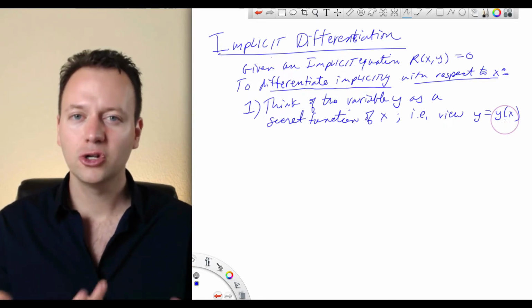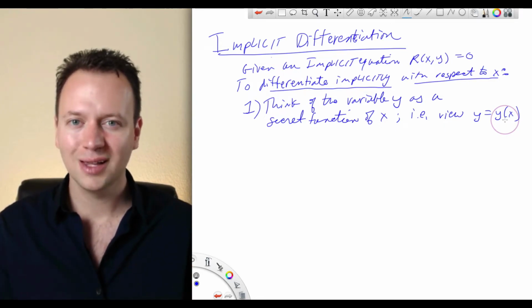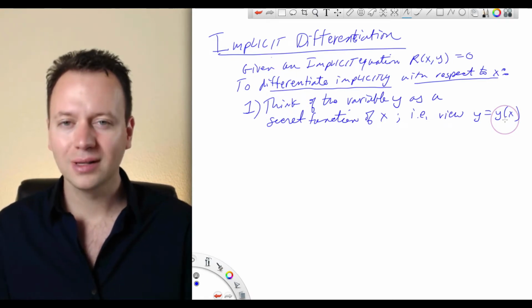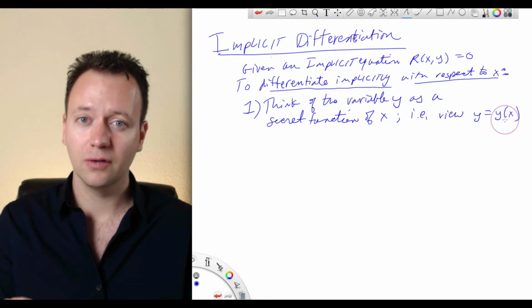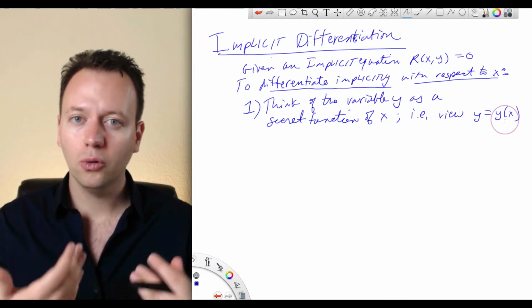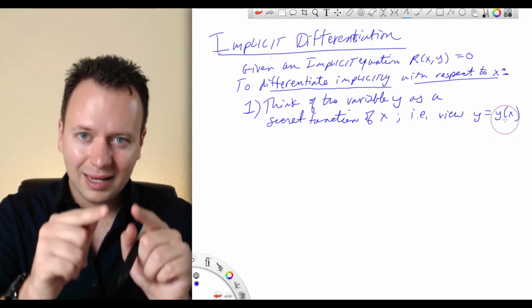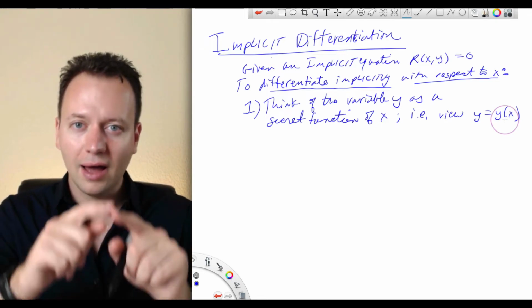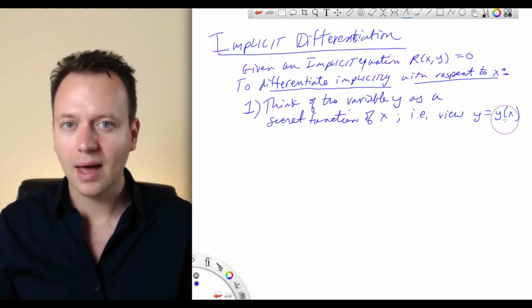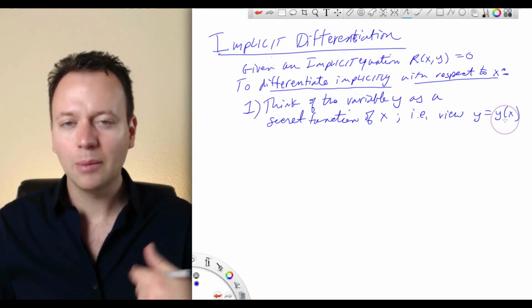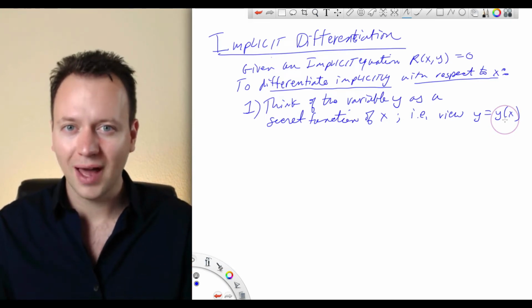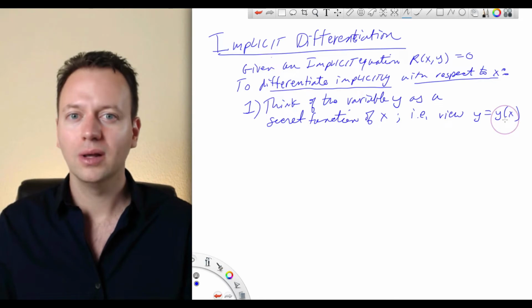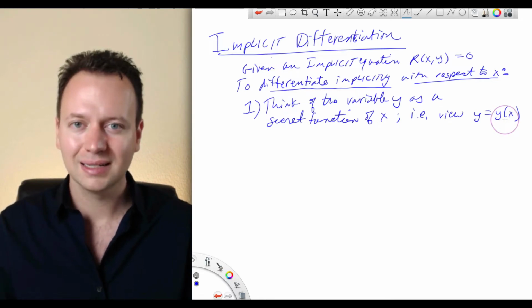It is appropriate to say that y is locally a function of x, because the word local means only near a given point. If you look at the graph and take a little bubble around that point, in this neighborhood, y looks like a function of x. That's what an implicit function of x is, hence implicit differentiation.